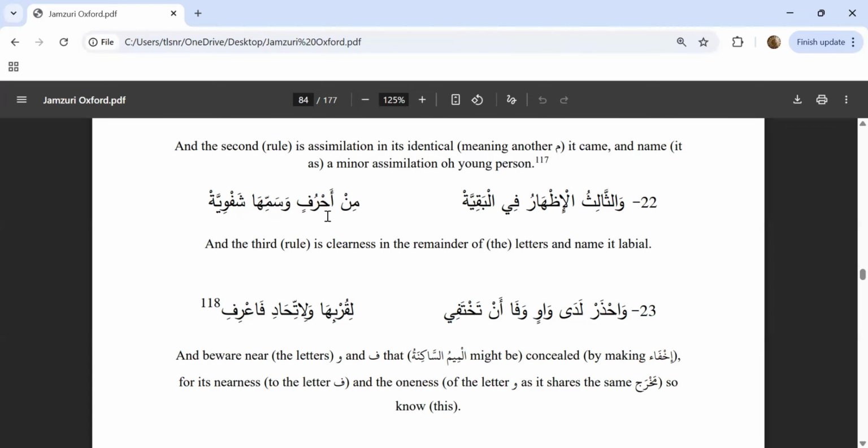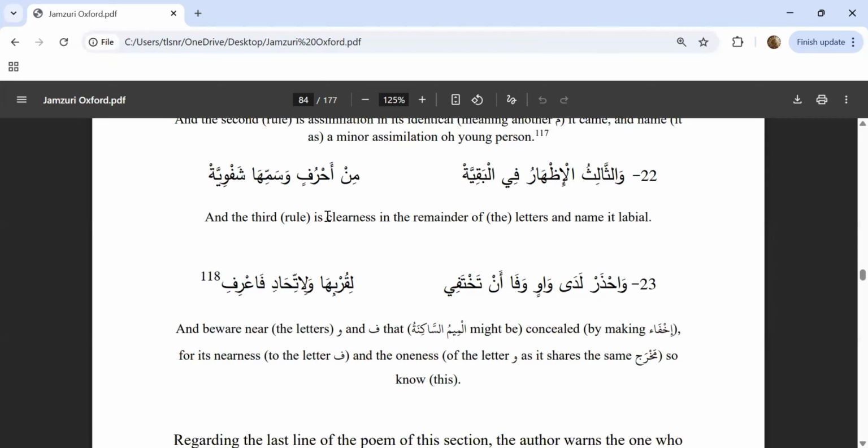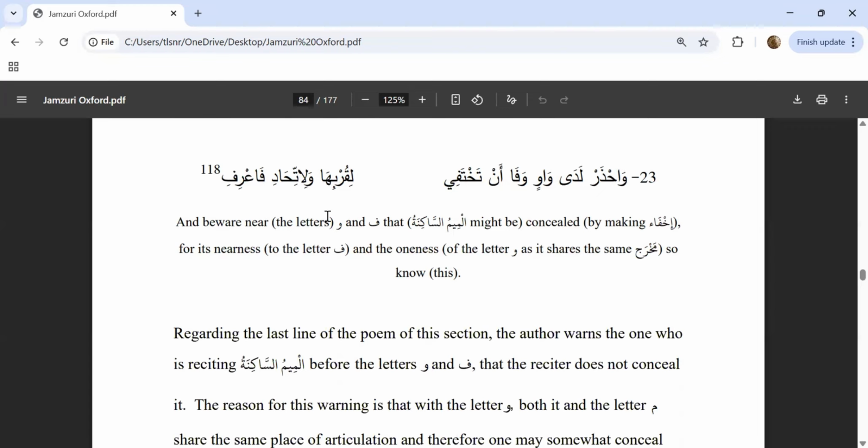So now he's given you in each of the lines the rules for mim sakina. And then line 23, he wants to caution the reader. So he says, واحذر لدى واو وفاء تختفي لقربها والاتحاد فاعرفي.